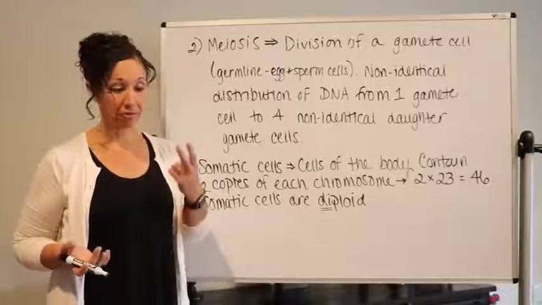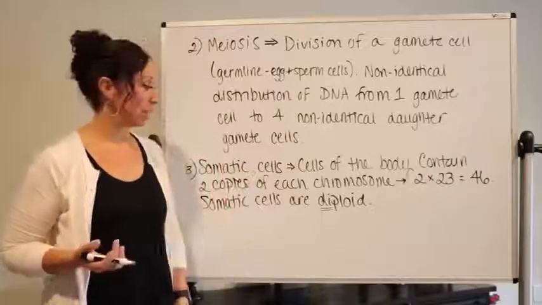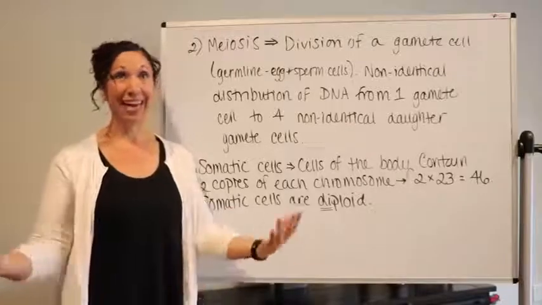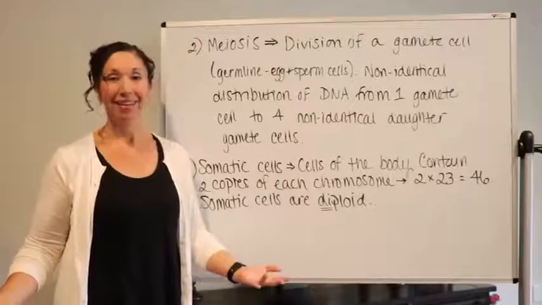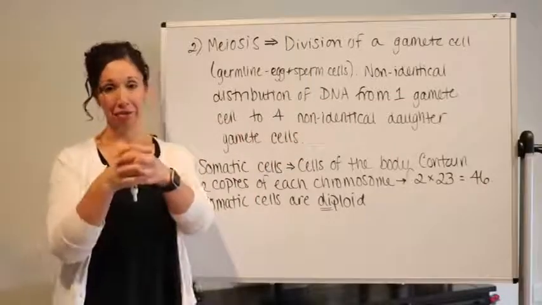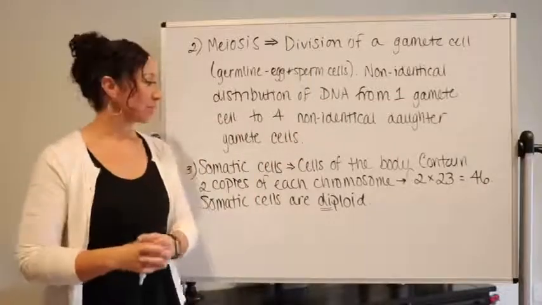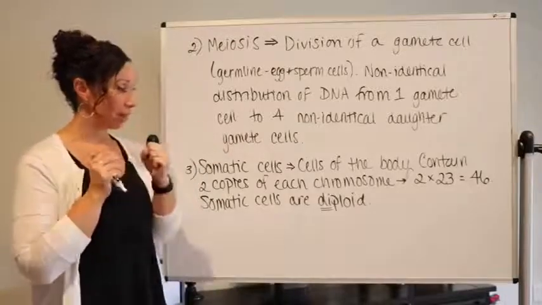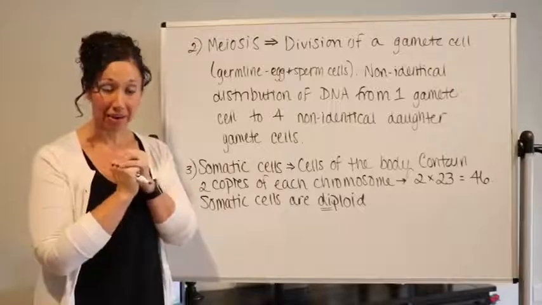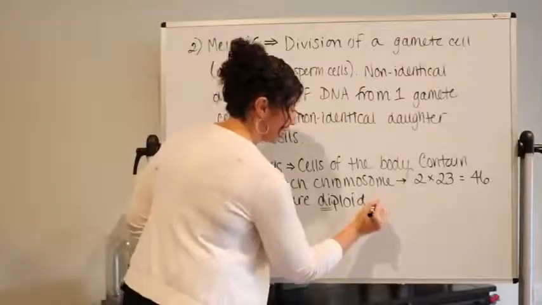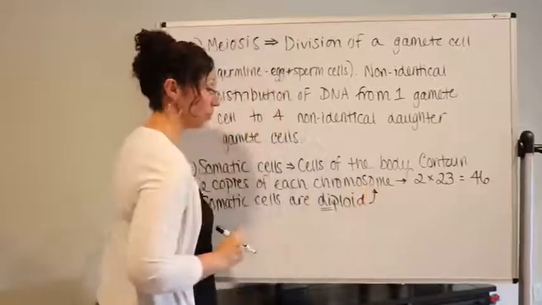In this case, you have 2 counts of each chromosome. Strawberries are octoploid. They have 8 copies of chromosomes. So they get 4 from mom strawberry and 4 from dad strawberry, and there's your 8. That makes sense? So for us, we are diploid organisms. We have 1 copy from mom, 1 copy from dad, and there you go. So somatic cells are diploid, meaning they have 2 copies of each chromosome.